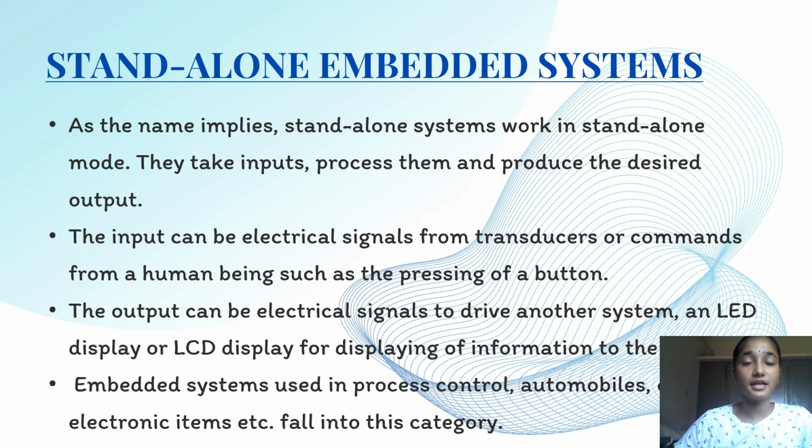The input can be electrical signals from transducers or commands from a human being, such as pressing a button. The output can be electrical signals to drive another system, or an LED or LCD display for displaying information. Embedded systems used in process control, automobiles, and many more appliances fall into this category.